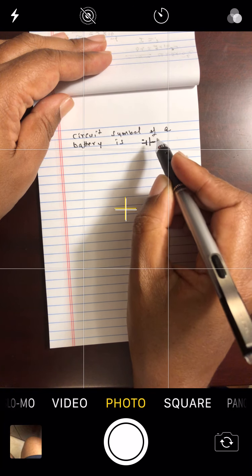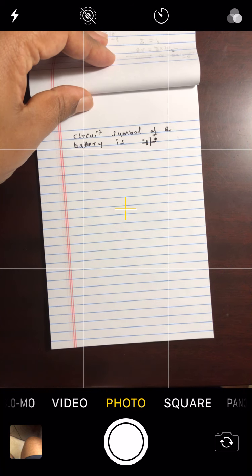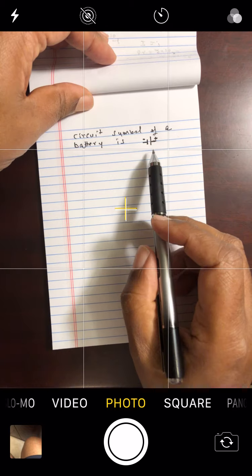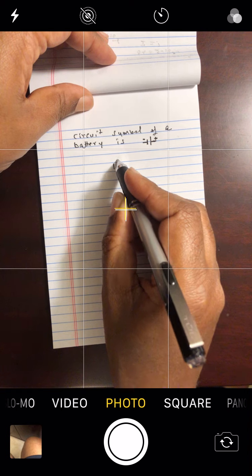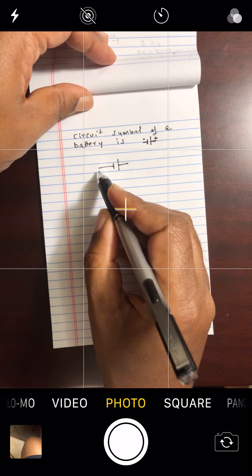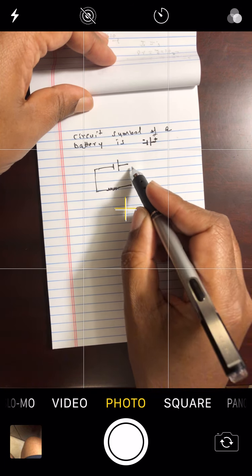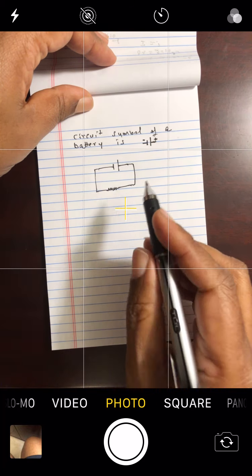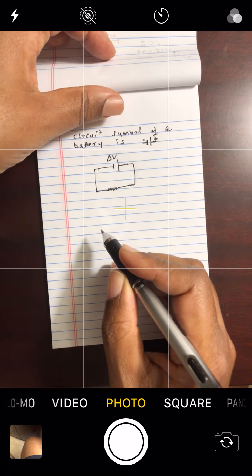The short line is the negative terminal, the long line is the positive terminal. So suppose a resistor is connected to a source of potential difference, such as a battery. We have the following circuit. You have this battery, source of potential difference, connected to a resistor. It could be a lamp, it could be a heater, and so on. Suppose this source of potential difference is providing a potential difference delta V.